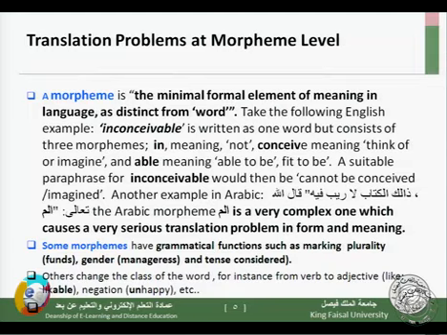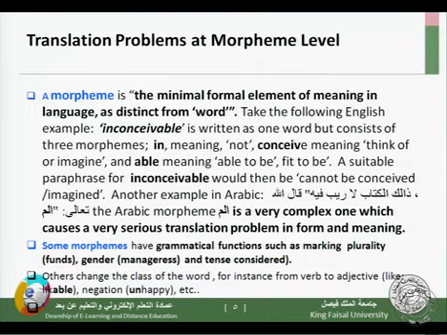For example, you are saying to me, yesterday I saw a whale on the beach in Jeddah. I look at you like this. No way. What you are saying is inconceivable.